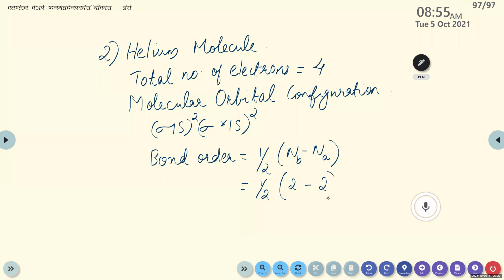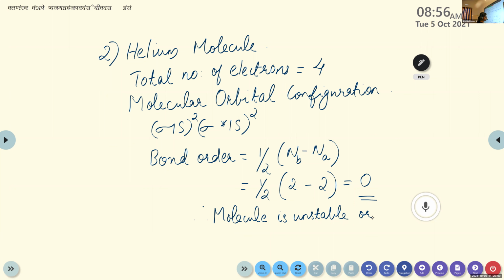Right? So what will be the value? Half into 2 minus 2, that is 0, right? So what about the stability of this molecule? Bond order is 0. The molecule is unstable or does not exist.